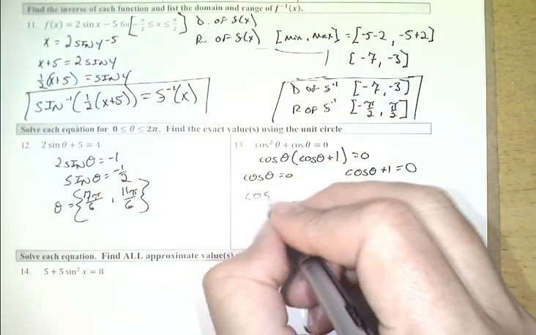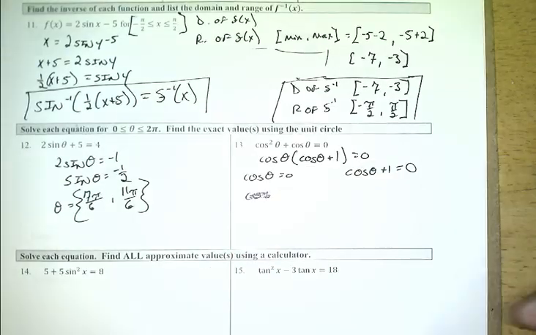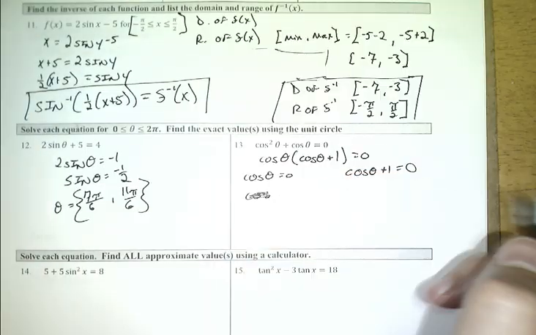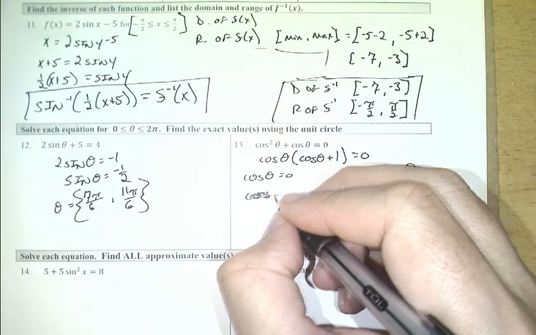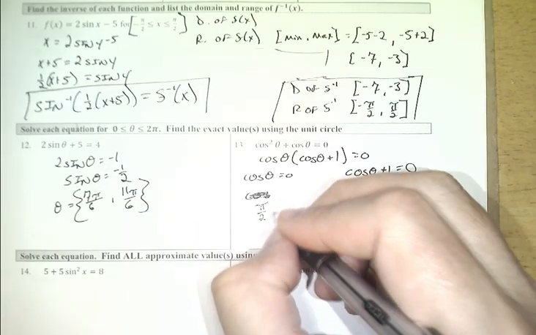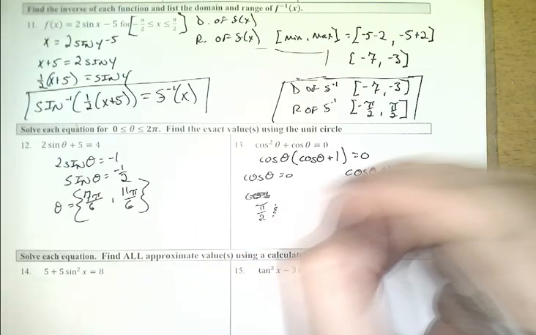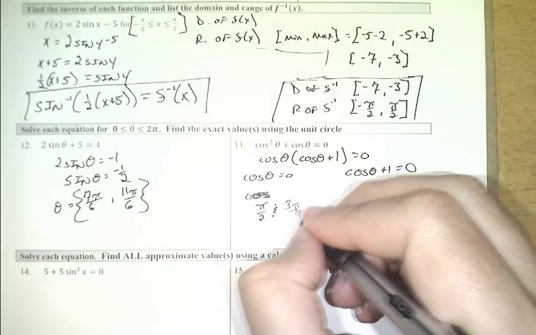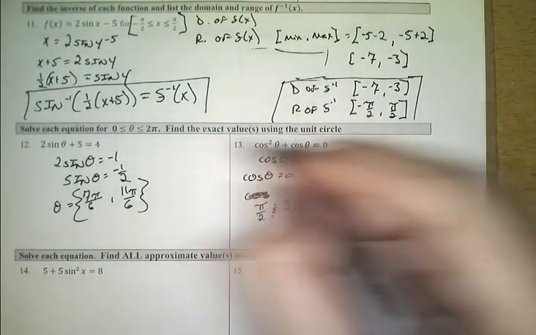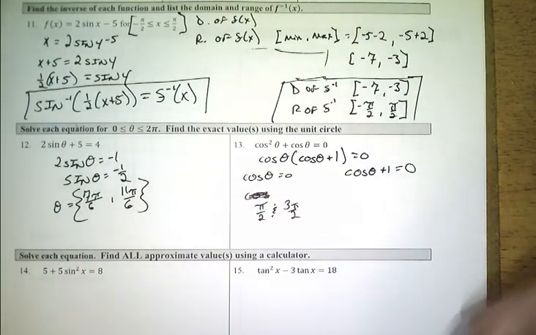So when is cosine 0? Cosine is 0 at pi over 2 and 3 pi over 2 on the unit circle, 0 to 2 pi.